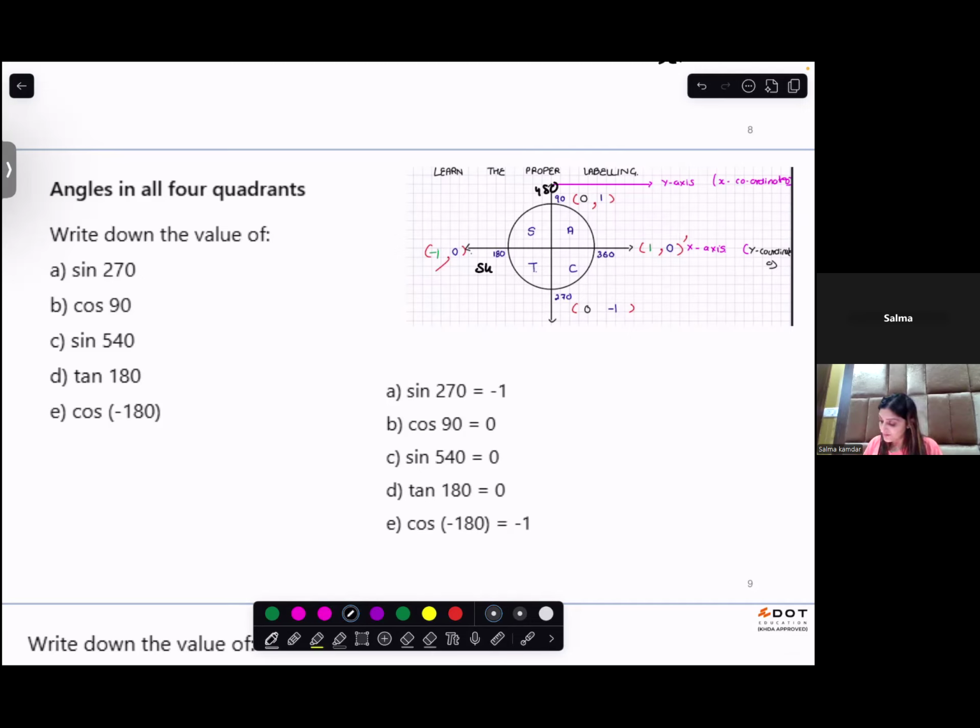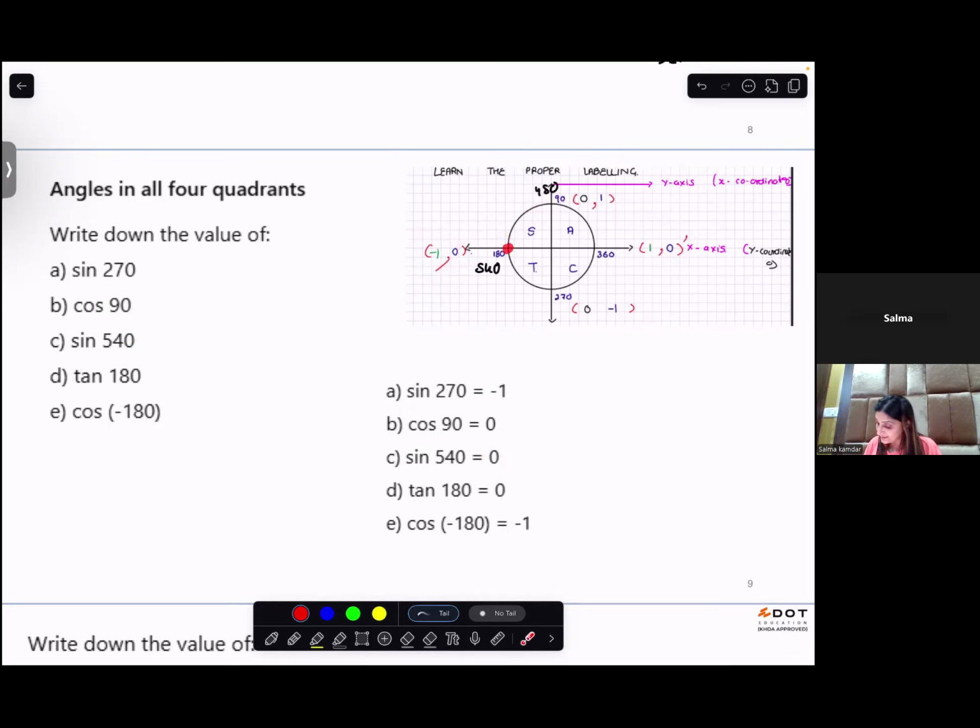So this is going to be 540. Finding sine 540, it is over here. Over here only the sine is positive. Sine is y, 0. Sine 540 is 0.